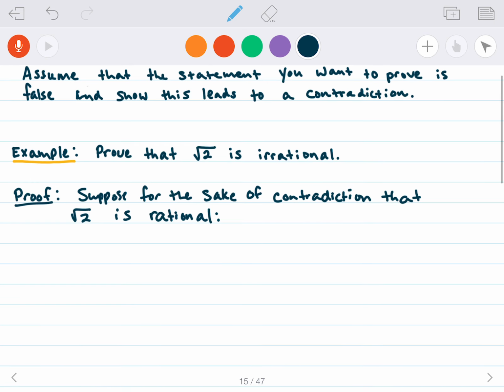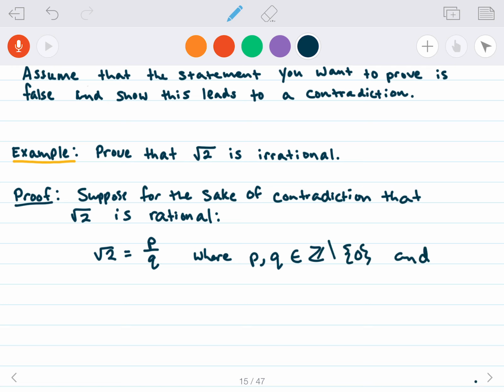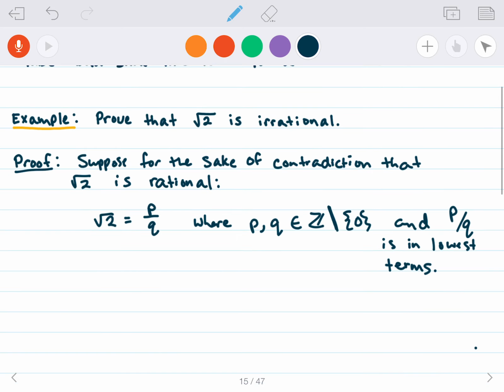So that means that the square root of 2, and we can assume that we're in lowest terms here when we say it's rational, can be written as p over q, where p and q are integers but non-zero, and p over q is in lowest terms. We can assume that too. You can always put something in lowest terms, no problem. Okay, integers without 0.